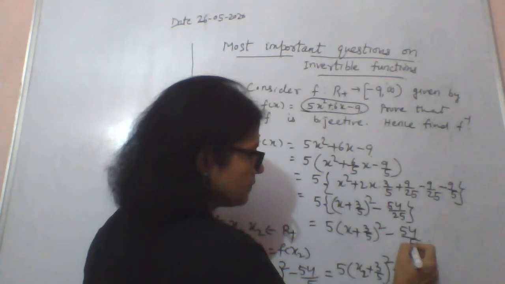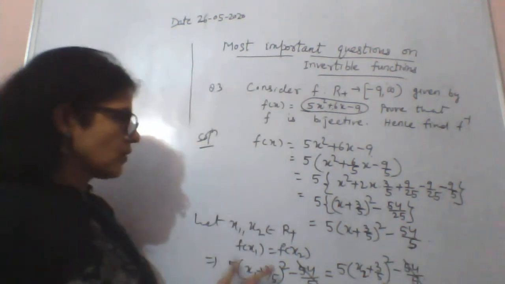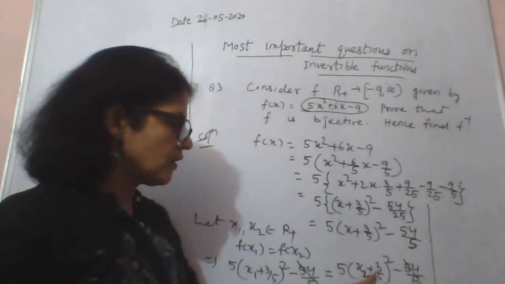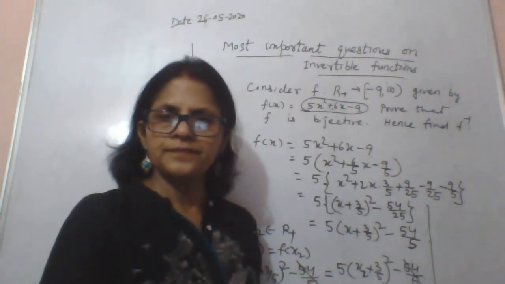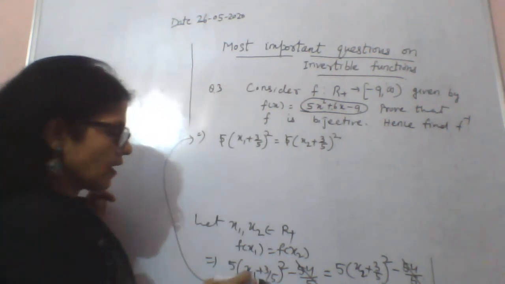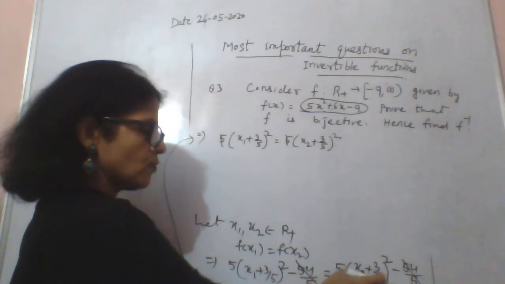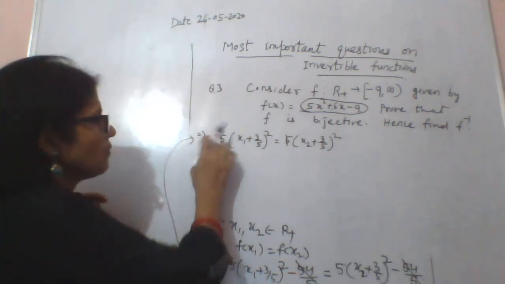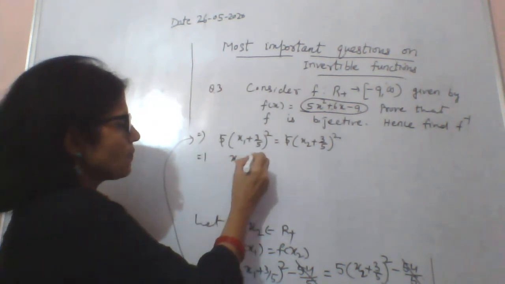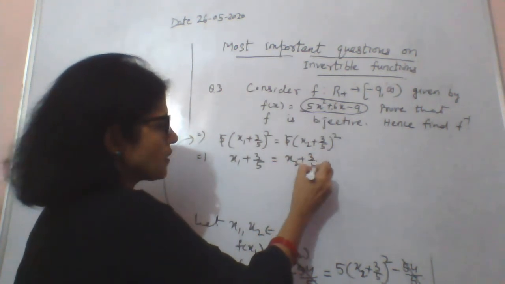Okay, so this will be cancelled. Now here you are getting 5 into this equal to 5 into this. So 5 cancelled. Now here x1 plus 3 by 5 equal to x2 plus 3 by 5.